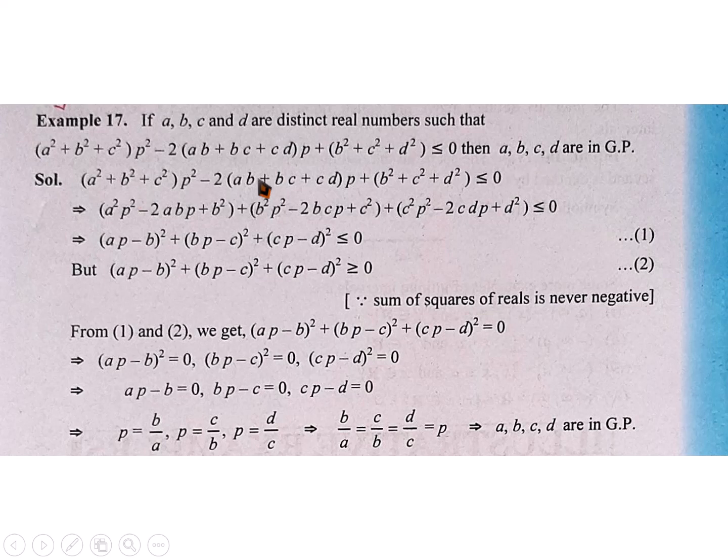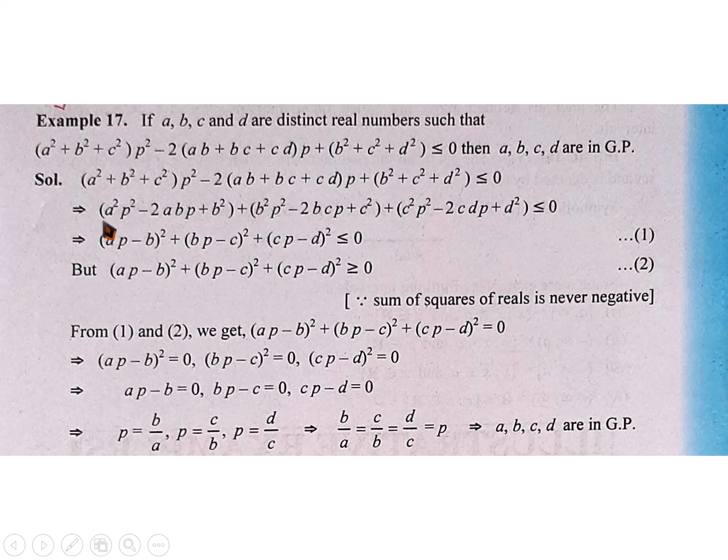Now this is given, no problem. So we are writing here a square p square, multiply p square inside, from here minus 2abp, plus b square from here. So we are writing a square p square minus 2ab multiplied by p plus b square.